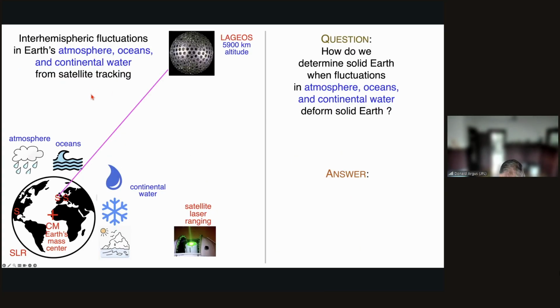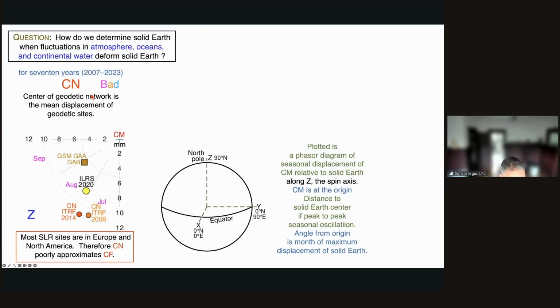For decades, geologists took the geodetic network center to be the solid Earth's mass center. CN is the mean displacement of geodetic sites.